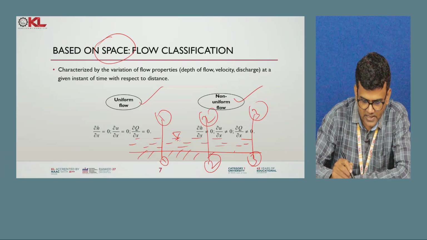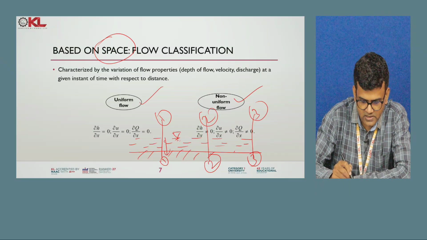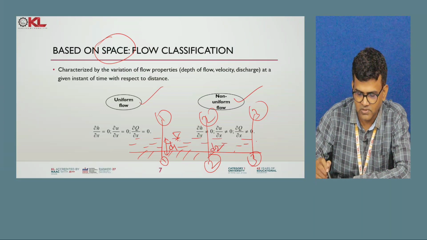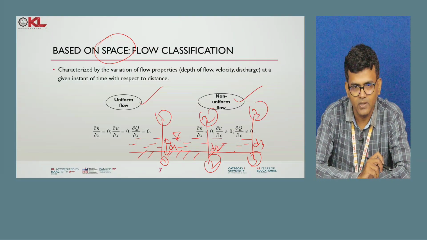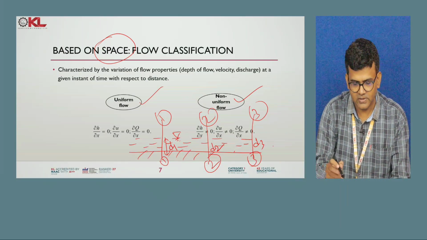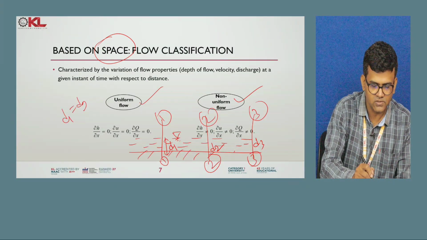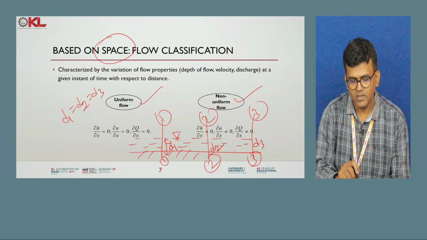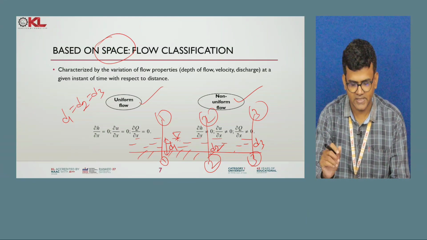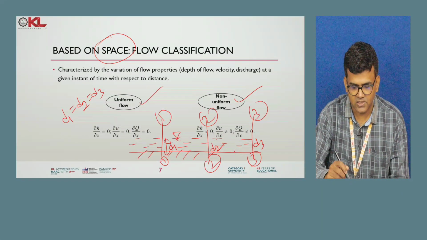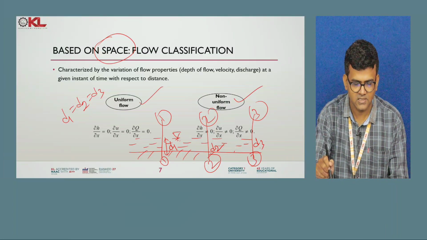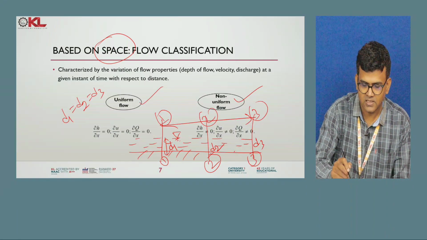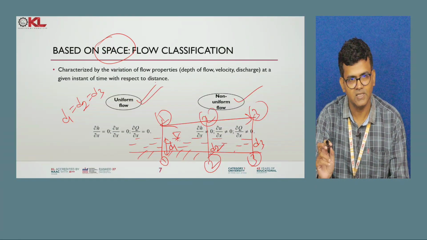At section 1, suppose the depth of flow is d1, at section 2 the depth of flow is d2, at section 3 the depth of flow is d3. If the depth of flow is not changing, that means d1 equals d2 equals d3. At a particular given time, if d1, d2 and d3 are equal at all three sections, then you can say this reach is under uniform flow condition.